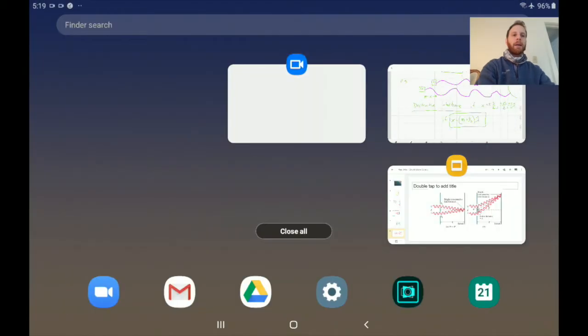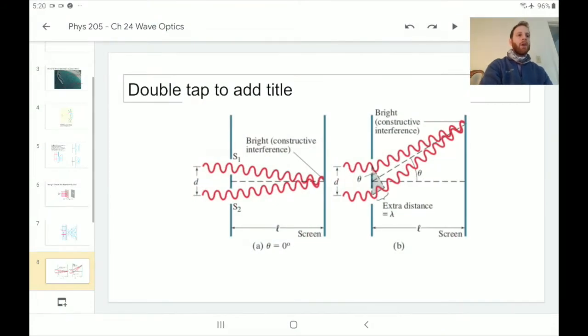So let's go back to this picture. What's being described here, at least in figure A, is what happens along that center line. You get the brightest signal, or if it was sound, you get the loudest sound, or if it's light, you get the brightest amount of light. And that would occur when the path length from the first slit and the second slit is equal.